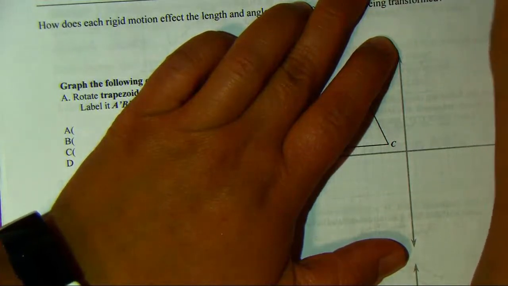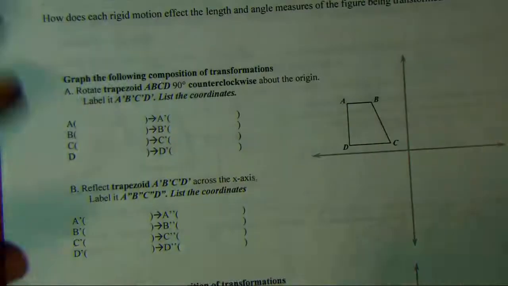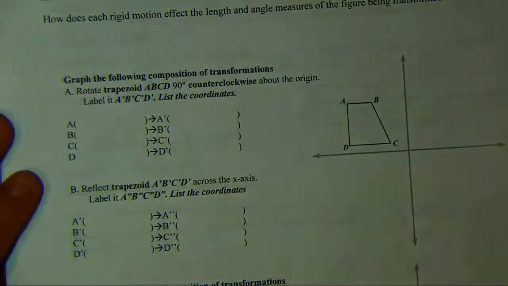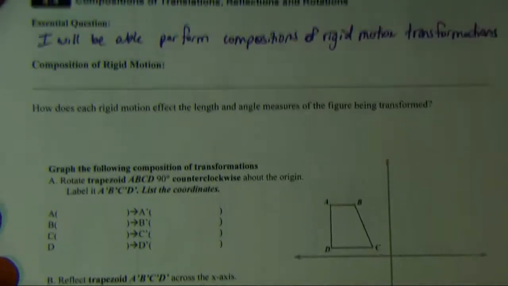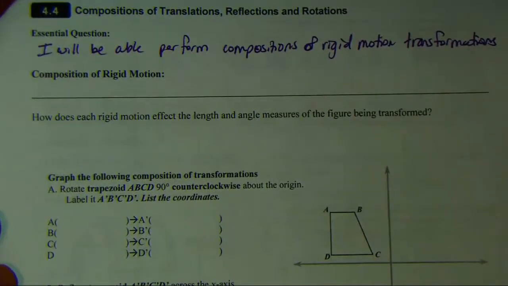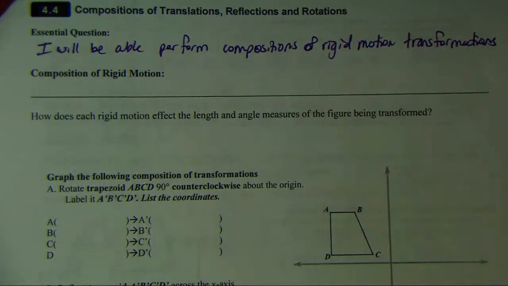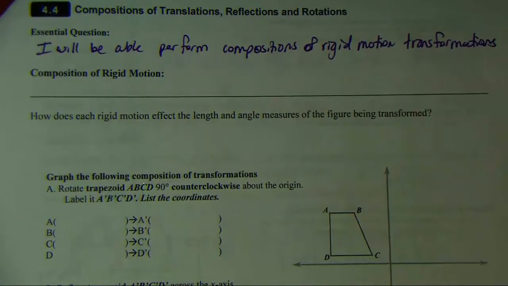So that's talking about translations, rotations, and reflections. I just realized that I'm saying this and not showing you. So there you go. I will be able to perform compositions of rigid motion transformations. Okay. So what is a composition of rigid motions?